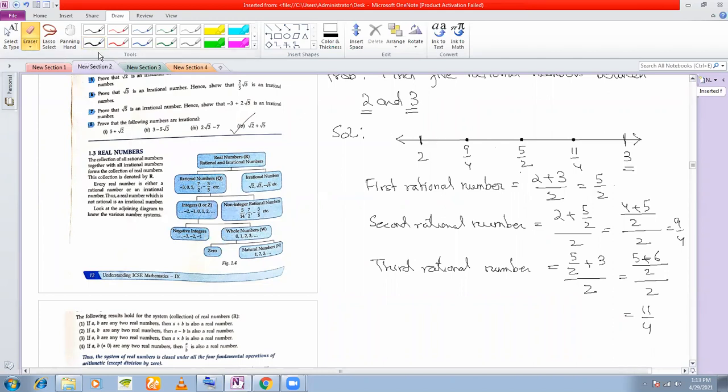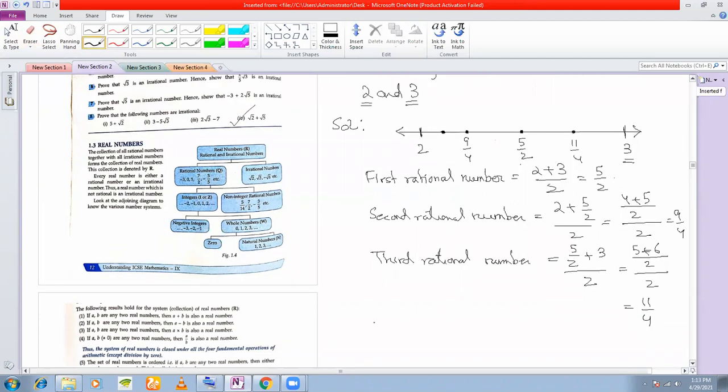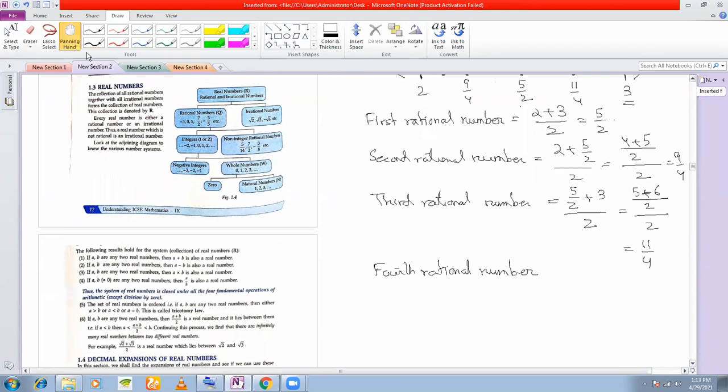So you take the point between 2 and 9 by 4. This will give you your fourth rational number. You can consider any point actually. You can consider here also, somewhere here. But I am choosing 2 and 9 by 4. So the fourth rational number is equal to 2 plus 9 by 4 divided by 2.